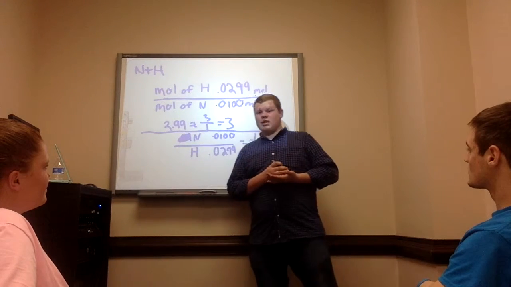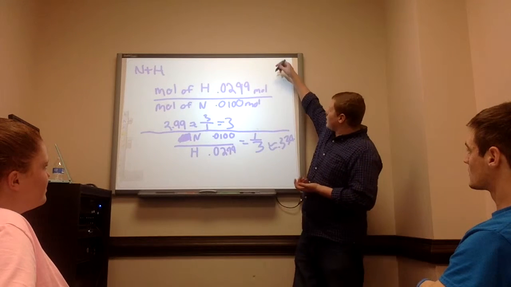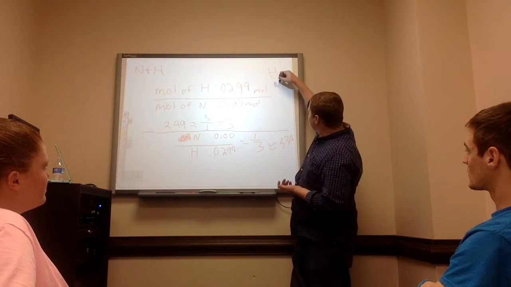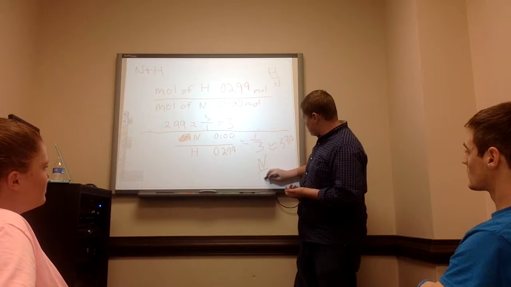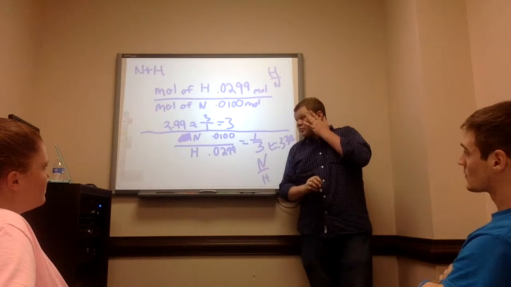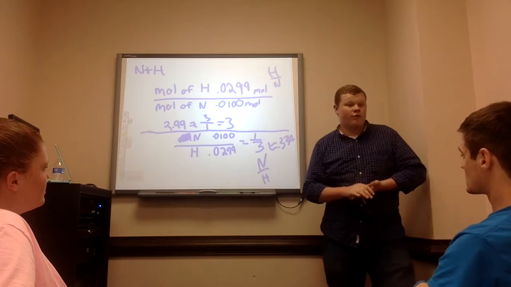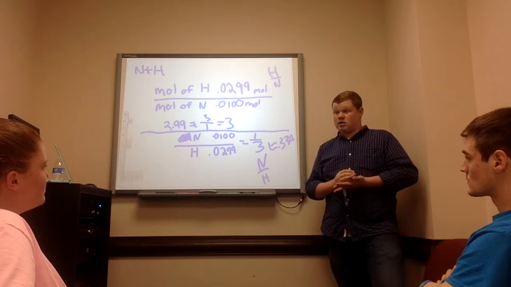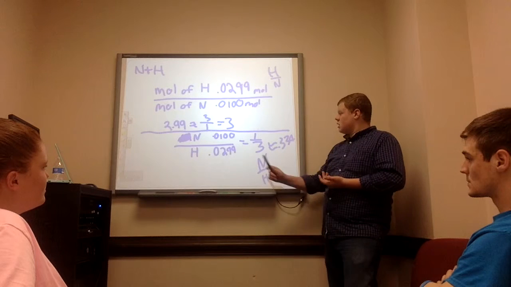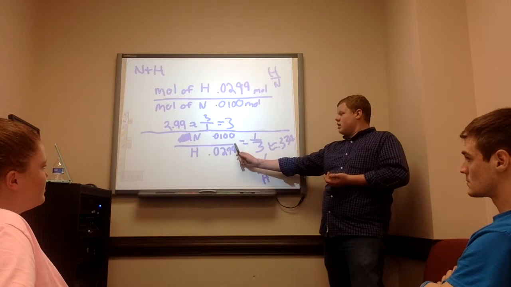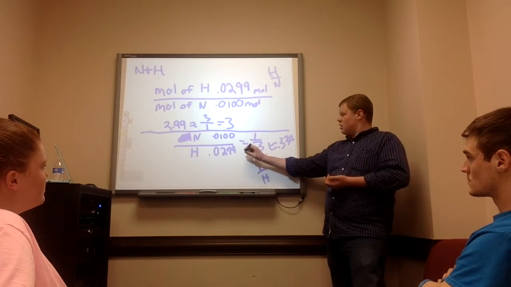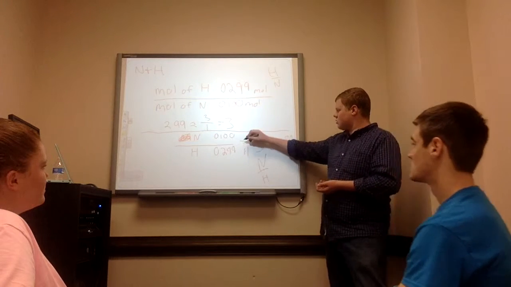So from either of these ratios, if you look at hydrogen over nitrogen or nitrogen over hydrogen, you know that there are approximately 3 hydrogens for every nitrogen, correct? That's what you see because there's 3 to 1.